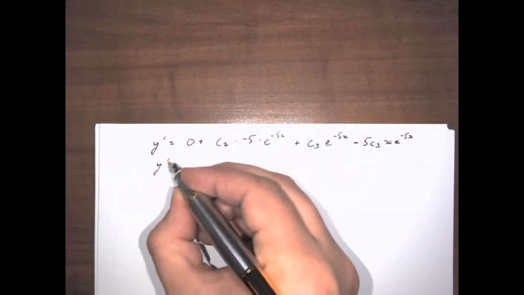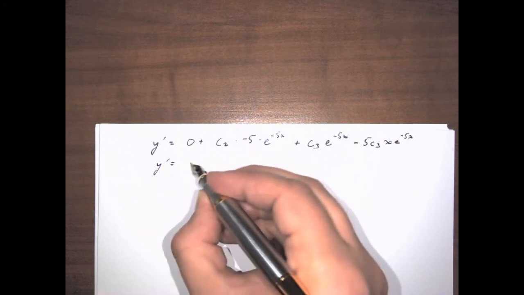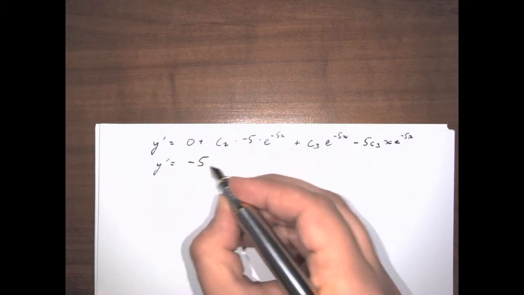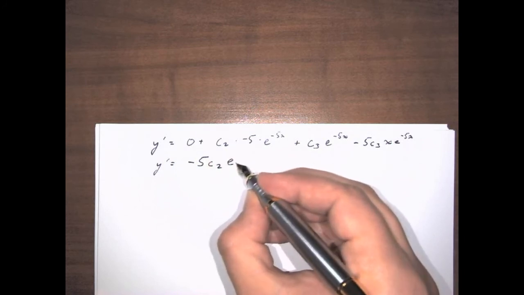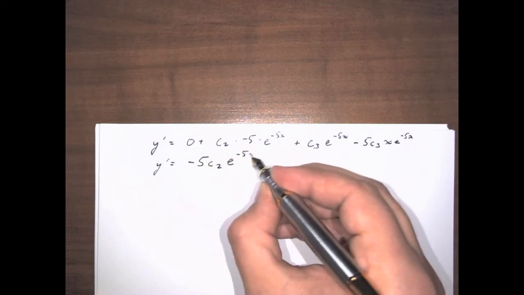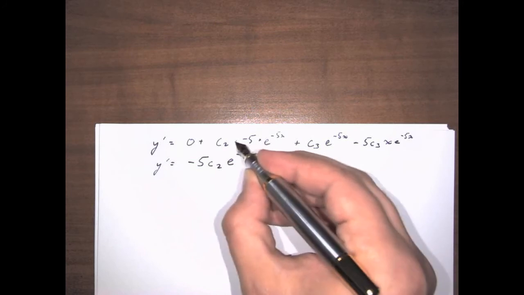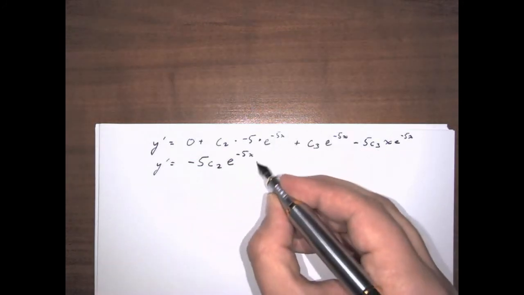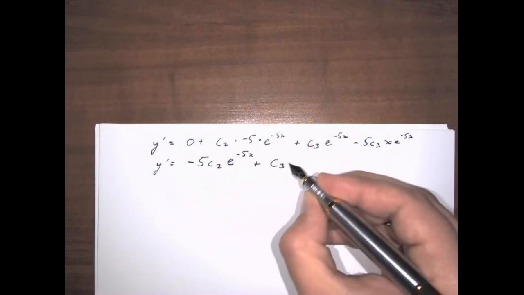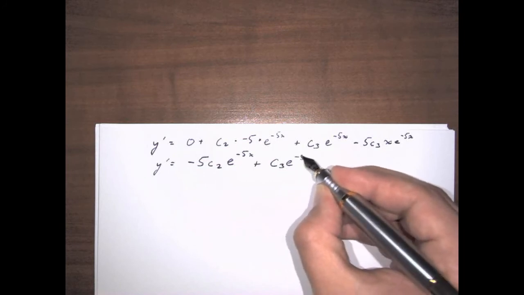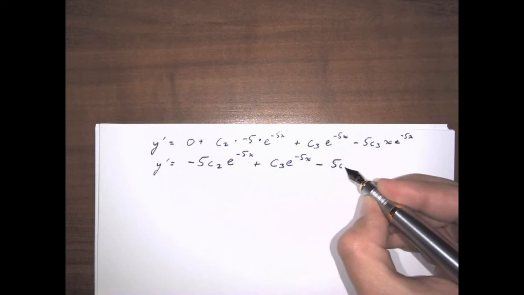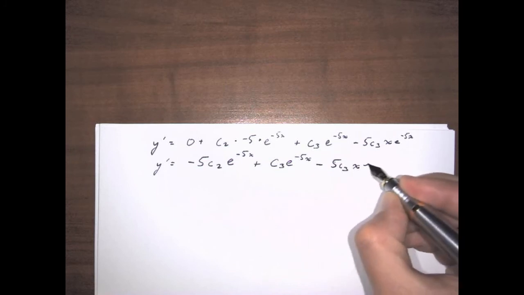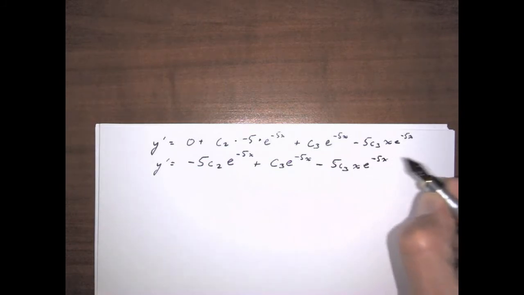Clean this up a little bit. Negative 5 c2 e to the negative 5x, and then plus c3 e to the negative 5x minus 5c3 x e to the negative 5x.